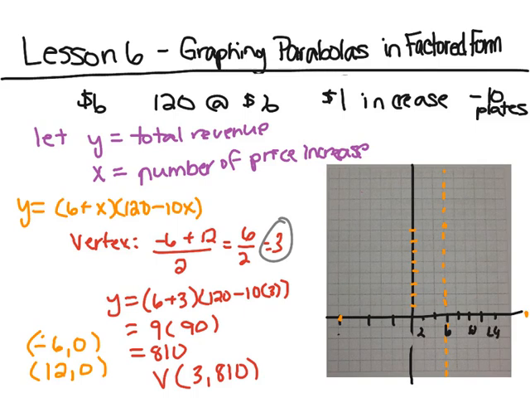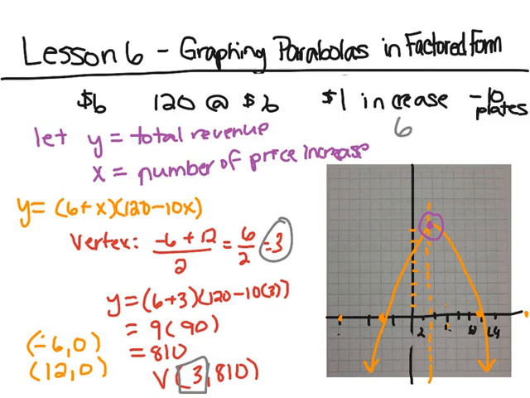So our axis of symmetry would be a little bit over then, right there. So 12 and negative 6. So all you do is draw a curve down through your x-intercepts, and our vertex is our maximum value, so they can sell it with 3 price increases.